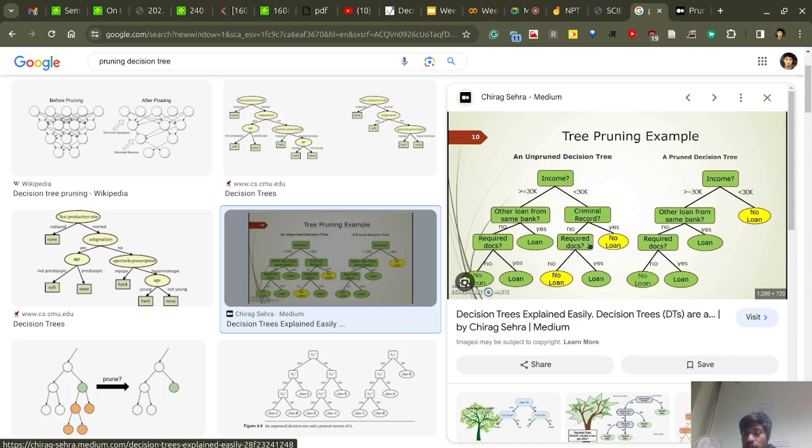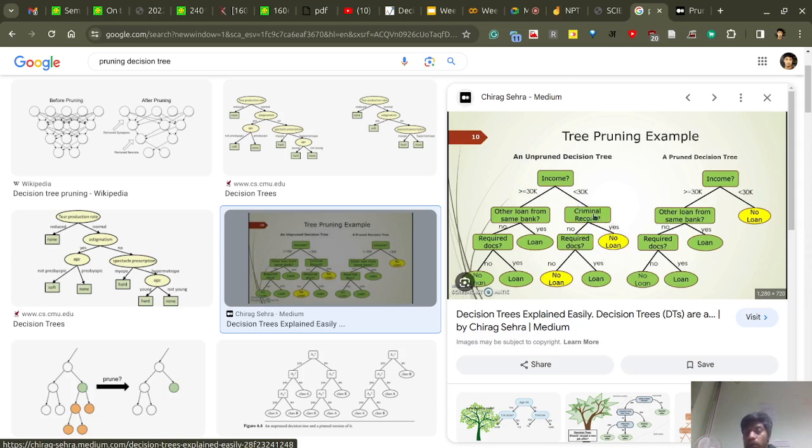So instead of creating another branch, if the criminal record is no, we are saying no loan, okay, here no loan, yes, no loan. So in both the cases we have no loan, okay, no and yes.